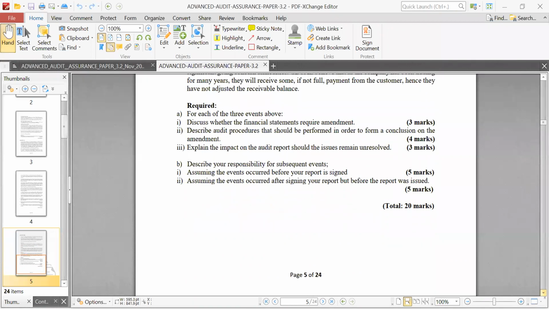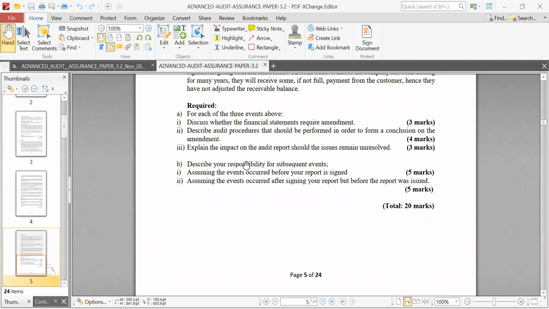I wish I could take my time to go through this. So B, describe your responsibility for subsequent events. Sorry, I have to rush through this one. Describe your responsibility for subsequent events, assuming the event occurred before your report is signed.